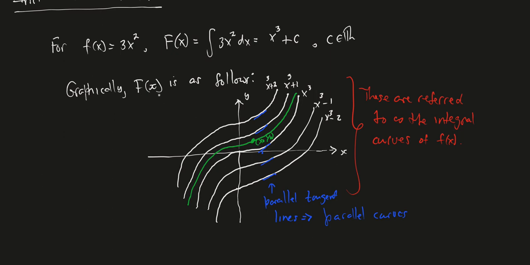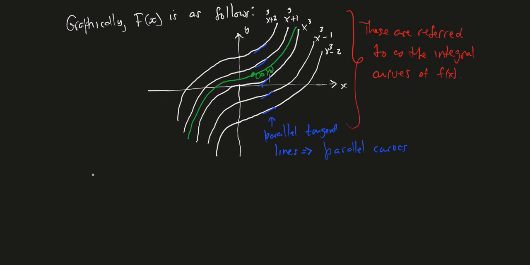We know little f, which we can refer to as the derivative, and we're trying to figure out which of the antiderivatives will satisfy a specific condition. The condition in this case is that the function would have to pass through a specific ordered pair. So that's just a little bit of geometry. We're not going to go very deep into this, but I just wanted to give you another way that these antiderivatives can be interpreted.